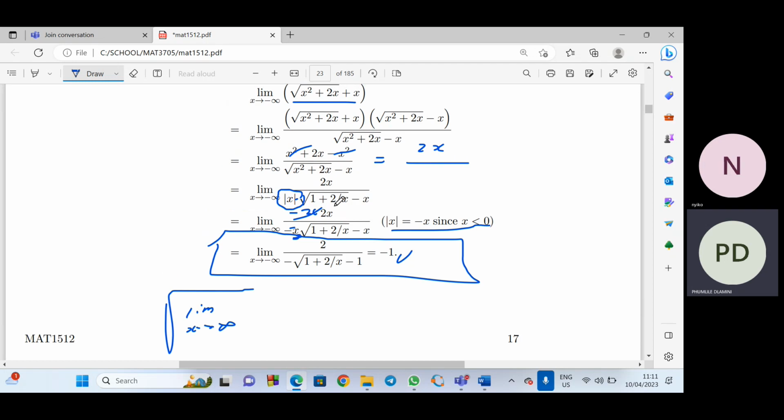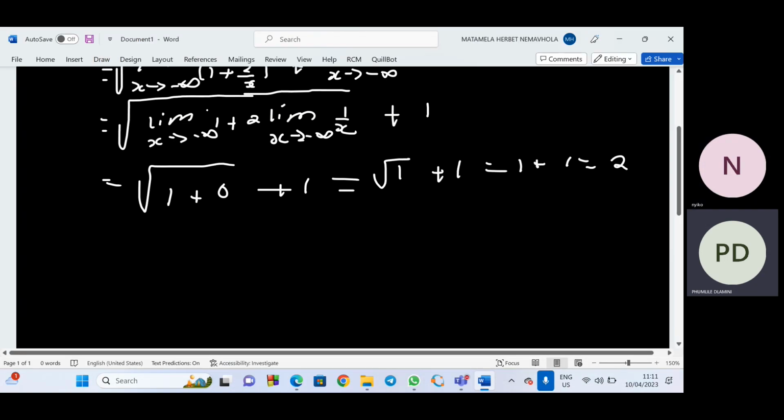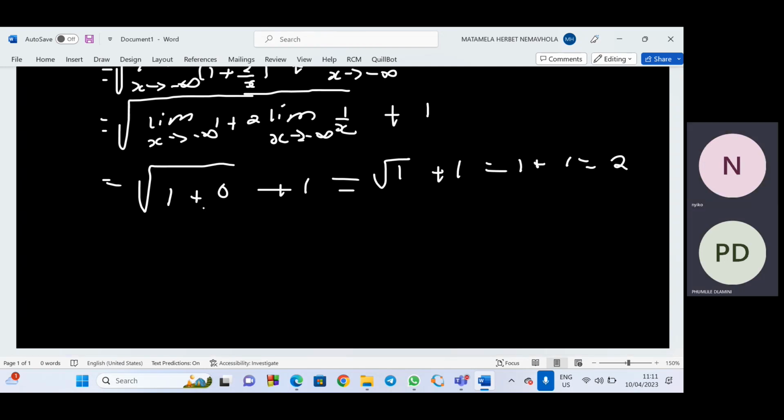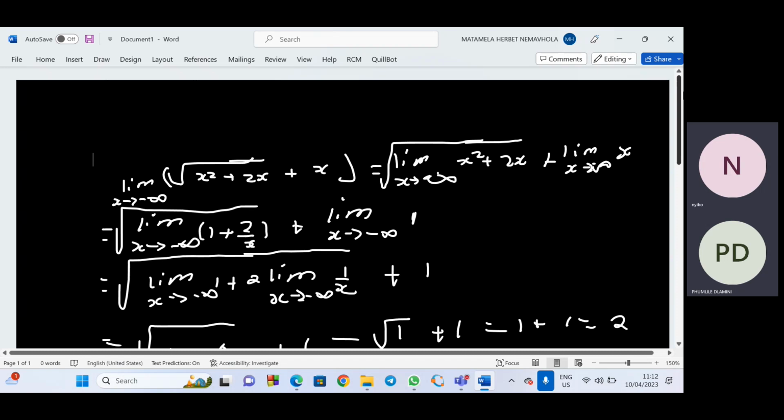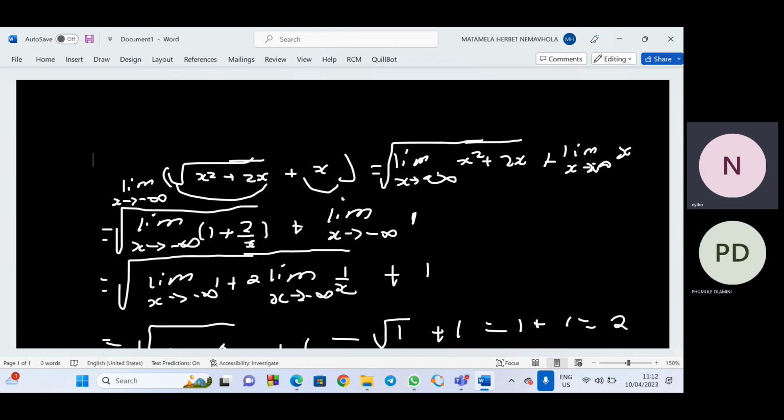So I'm going to verify it. His answer, I don't believe it, because the way I'm doing these steps in simple terms shows that the steps I'm doing are not having a problem. If we are using the rules of a limit, this is a separate function and this is another function.